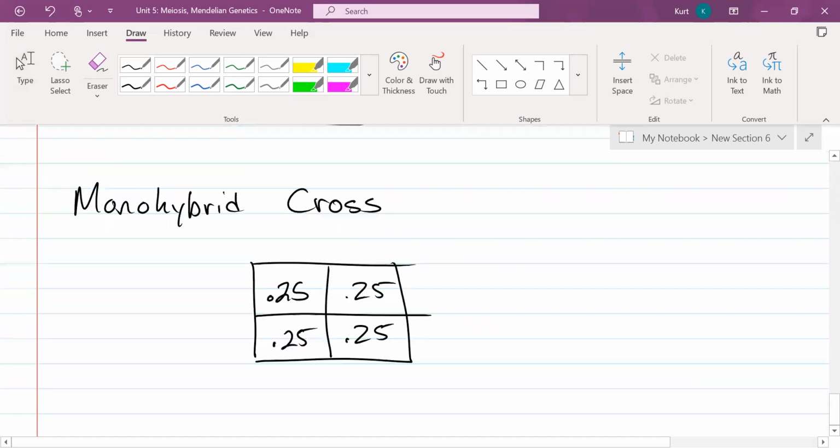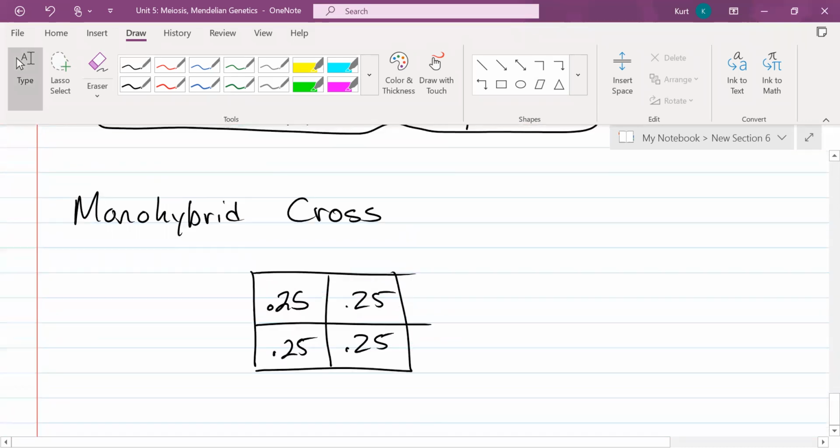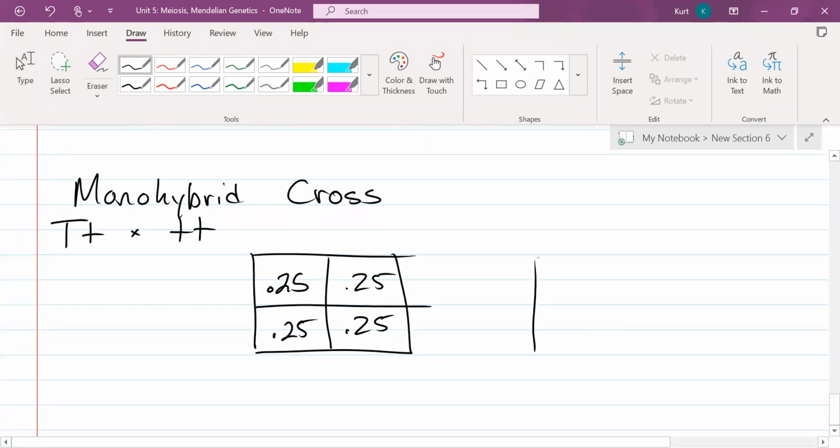So let's say that I was crossing these two parents. Homozygous recessive crossed with heterozygous. Let's do that.